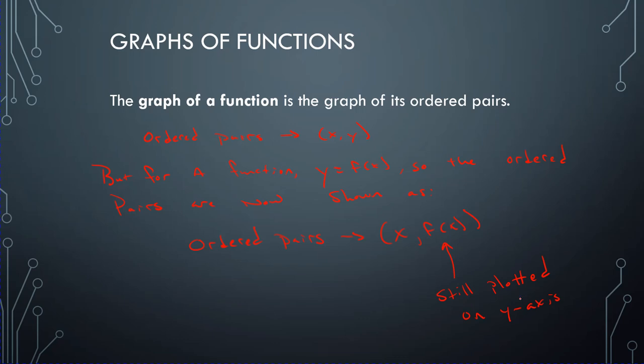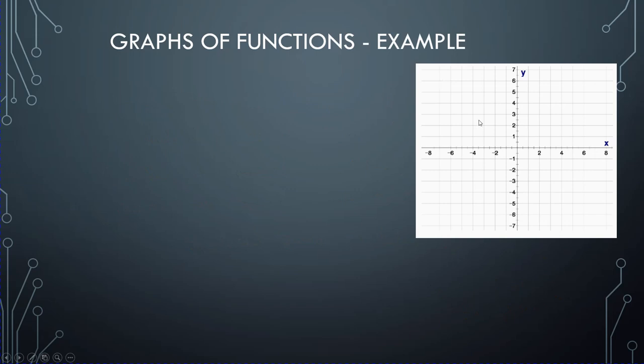All right, let's do just a couple graphs. Okay, so I've got the axis here. So let's sketch the graph of the first one. The function f of x is equal to 2x, let's just do minus 1 here.